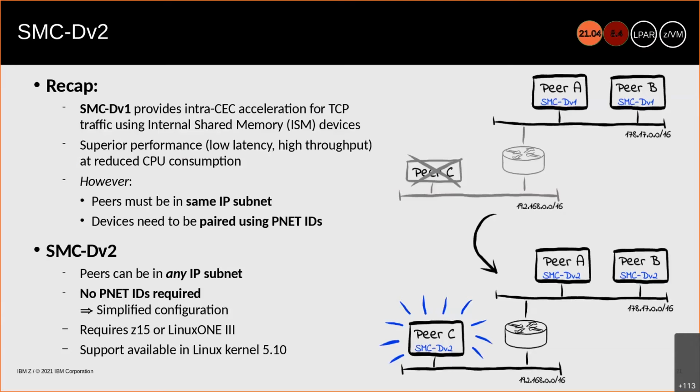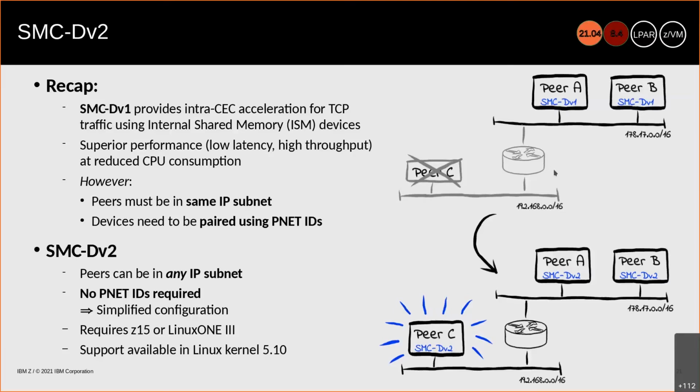As you can see on the drawing on the right-hand side, previously with SMCD version 1, we had a limitation where both peers participating in SMCD had to be in the same IP subnet. So peer A and peer B could be in the same IP subnet, but peer C would be unreachable because it's behind a router in a different IP subnet.